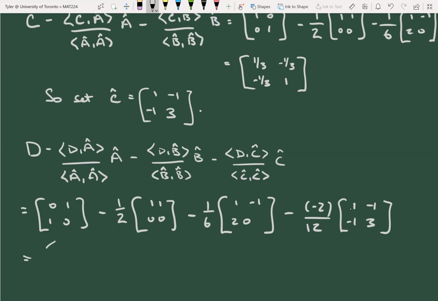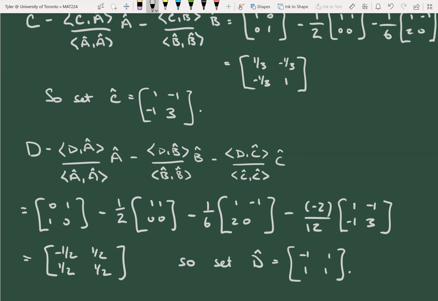You work this out, and it works out to be surprisingly nice. It is negative 1/2, 1/2, 1/2, 1/2. And so set D hat to be negative 1, 1, 1, 1, like that.